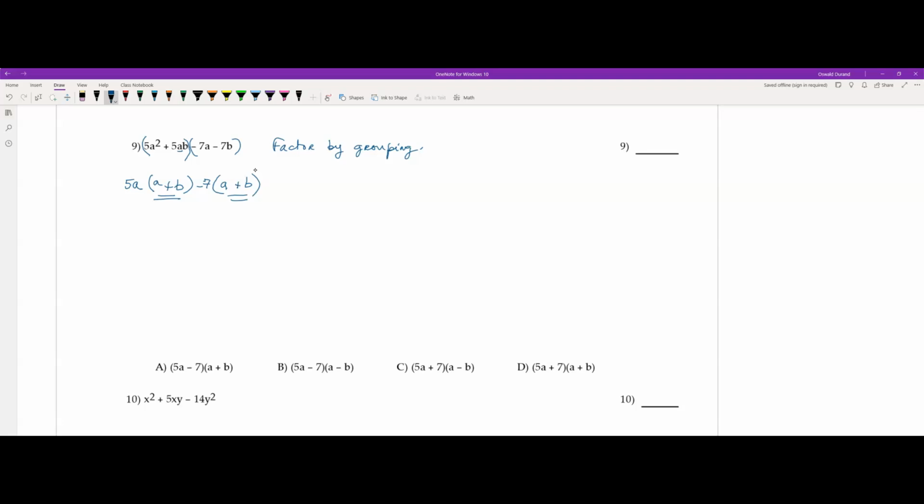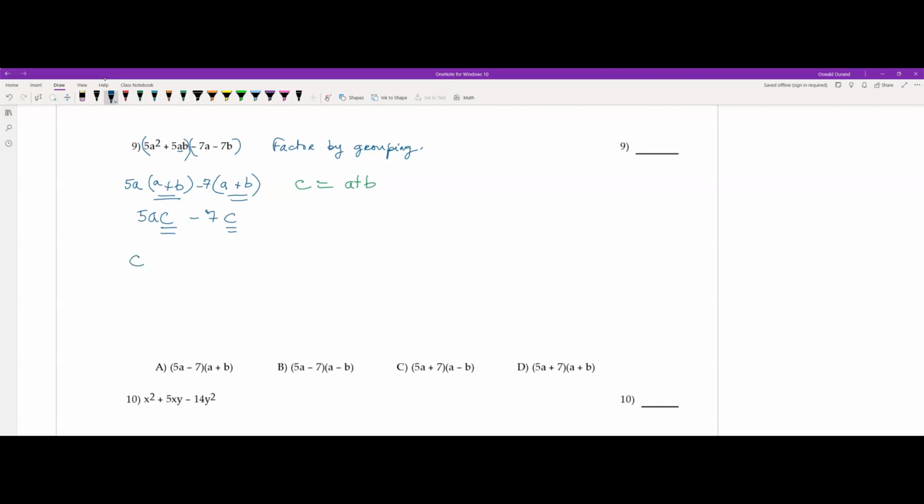So therefore, I can factor out the a plus b, or you can say c is equal to a plus b, right? And you replace a plus b with c. So it's going to be 5a times c minus 7c, right? What is the greatest common factor between those two? It's actually c.